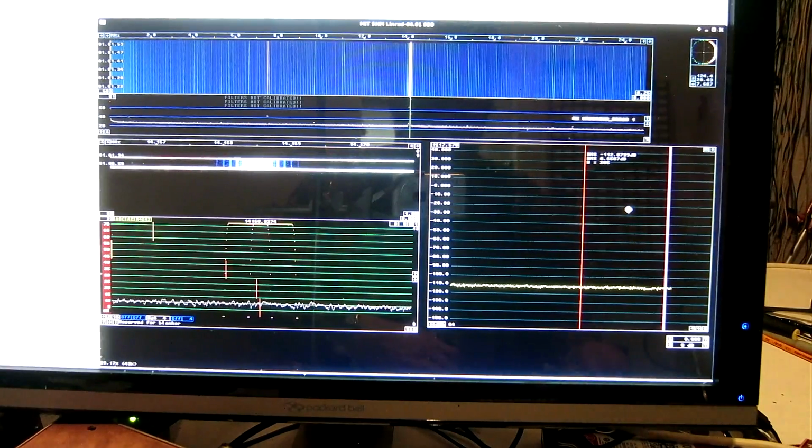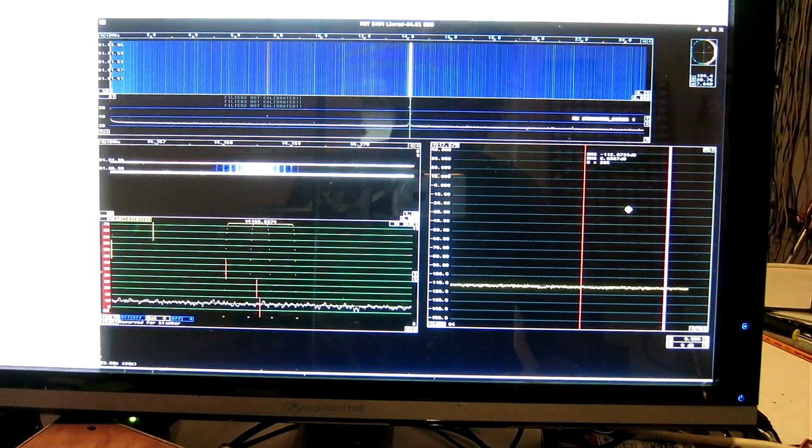This is a degradation from 144.3 to 142.1. That's only 2 decibels.